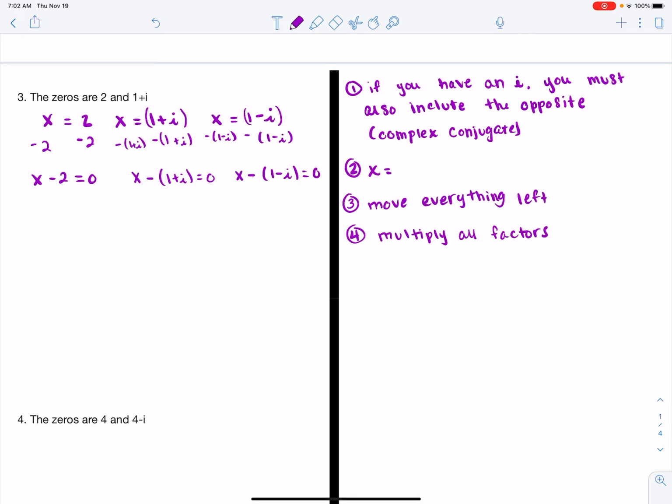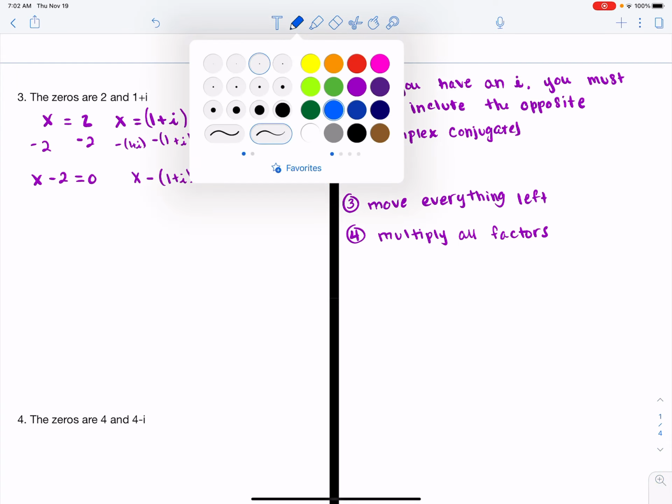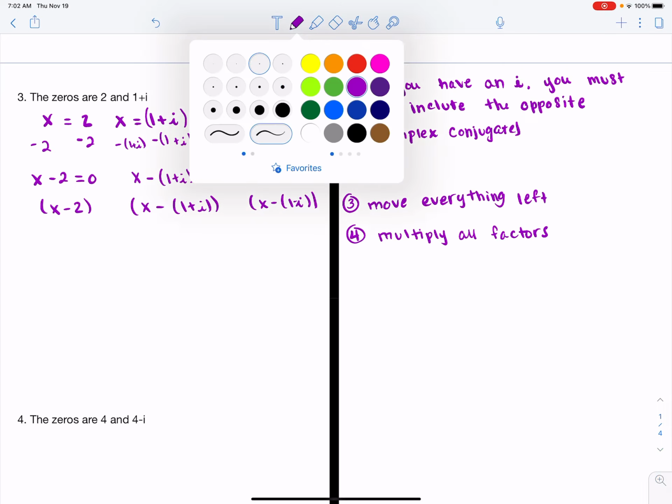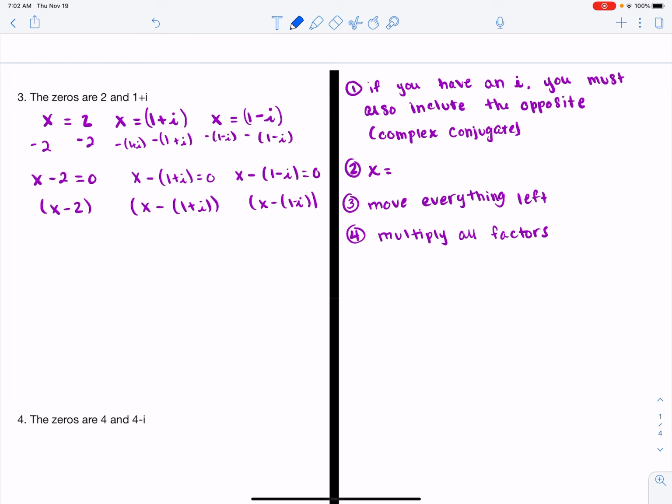Okay, so here's what we got. I'm going to multiply the i's first. So my factors are x minus 2, x minus (1 plus i), and x minus (1 minus i). Okay, I'm going to multiply the i terms first.